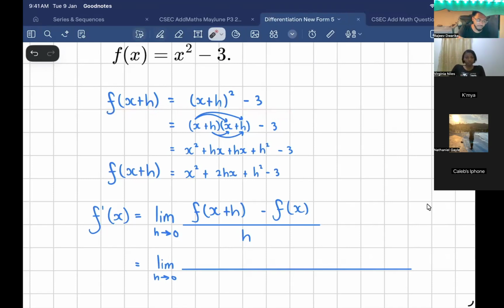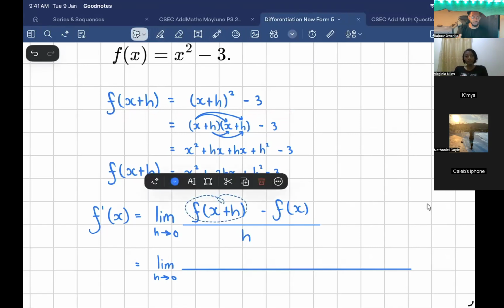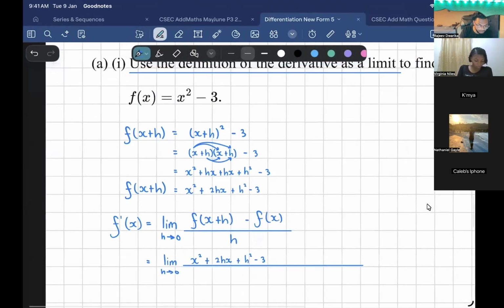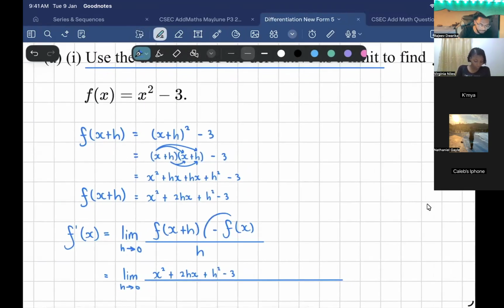So instead of writing f of x plus h, what am I going to replace that with? x squared plus 2hx plus h squared minus 3. Good. Are you with me, Caleb? Yes, sir. All right. Kamaya, you are going to tell me this next part. It's minus f of x. So you tell me what to write.